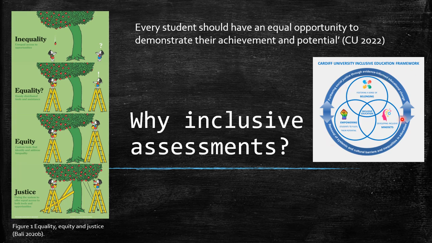The Cardiff Inclusive Education Framework has three basic areas, which I'll discuss in a moment, around student inclusivity: belonging, mindset, and empowering. And these are all to do with students. What I found really interesting when I started looking at this is what is inclusivity, and it's quite a divisive term actually.